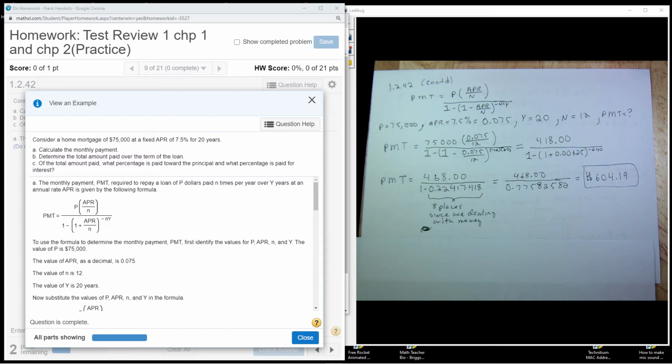So we want to know something about the thousandths place, so we round to the right number. We're rounding to the nearest penny, so we go out 8 places. And I simplify the denominator, and then I simply divide here. And this gives me the monthly payment amount.